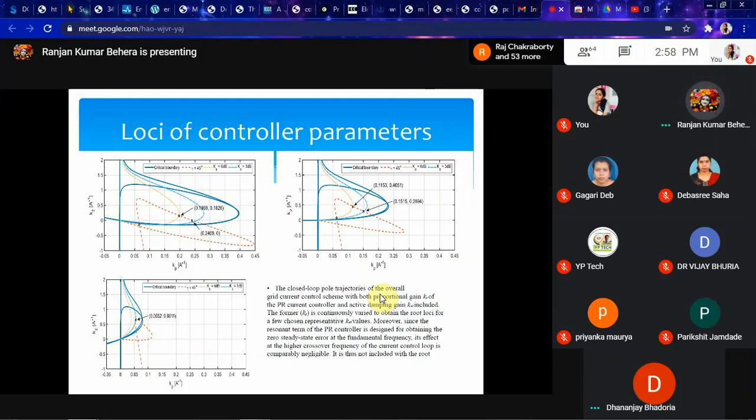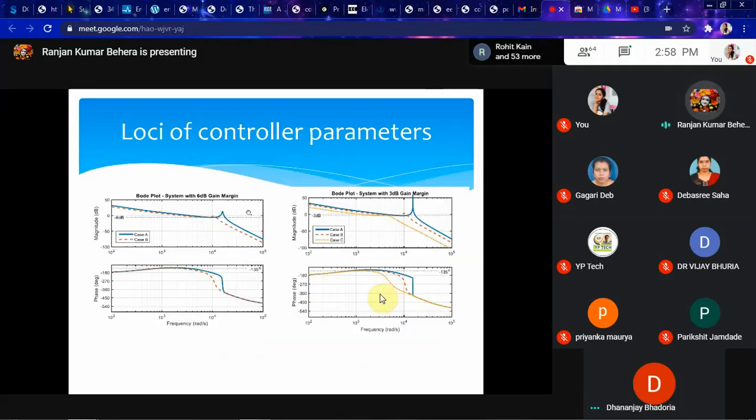Okay. That is how these three schemes are given for different values of k and different values of the gain constants. And you can see here there is a Bode plot of 6 dB and 3 dB. You can see there is a resonant peak in the 3 dB system, where when you increase the bandwidth, you can see that there is no resonant peak.